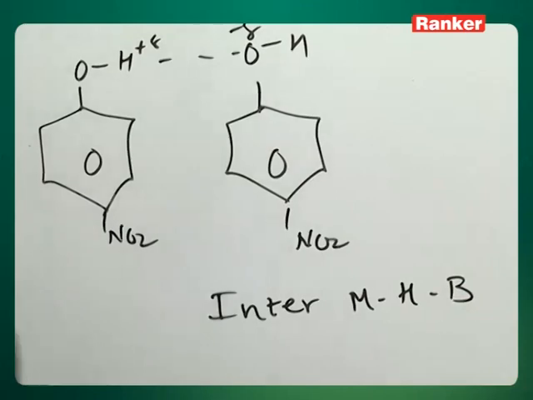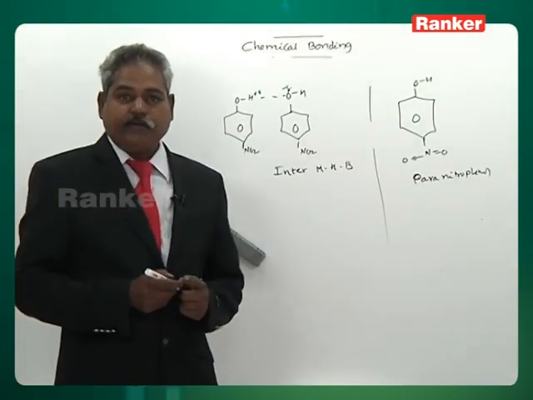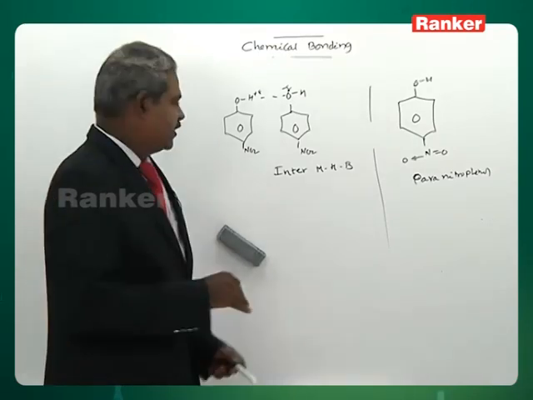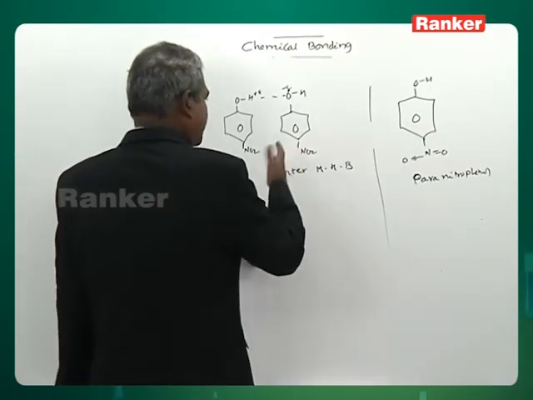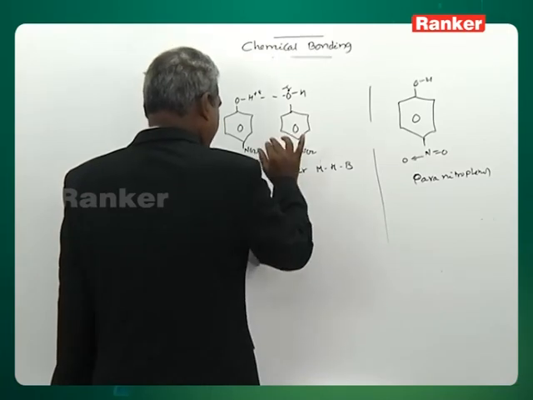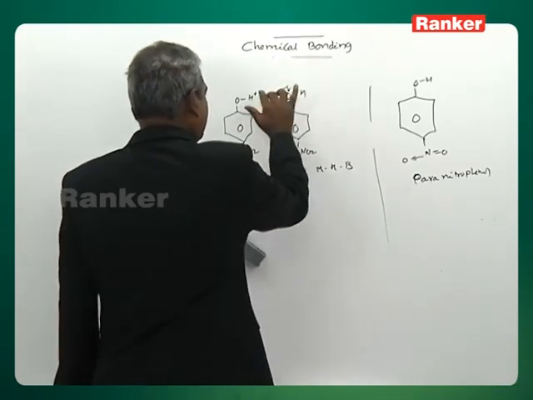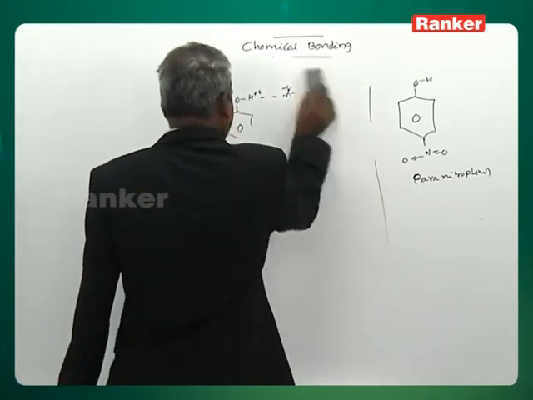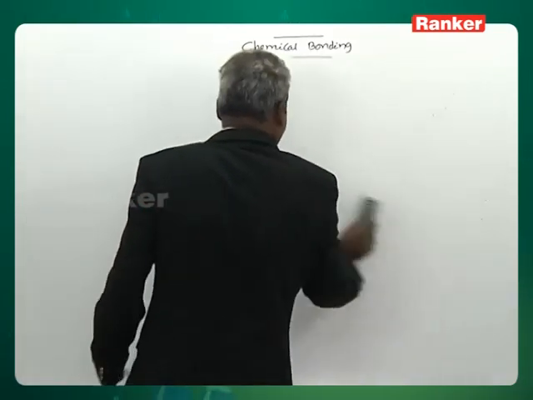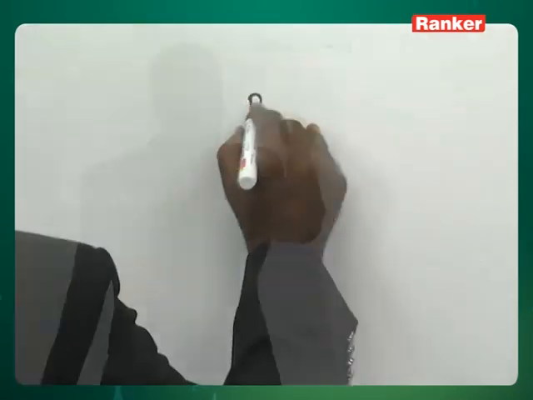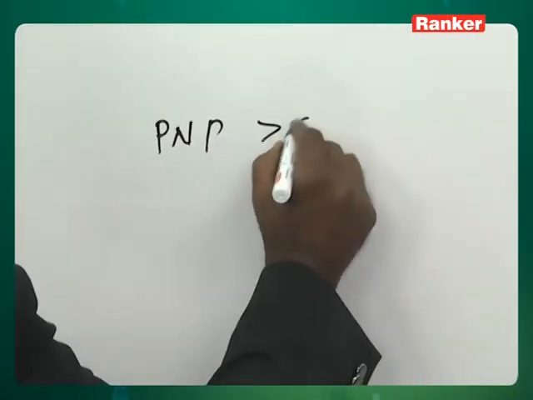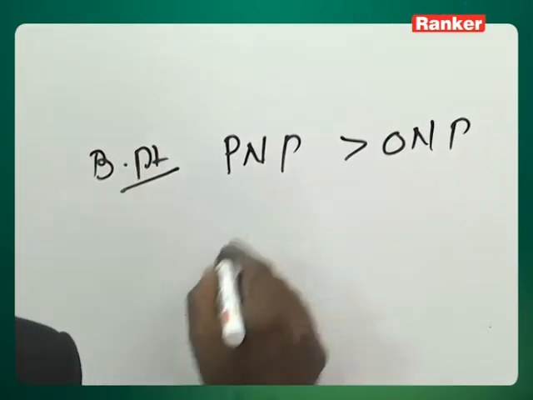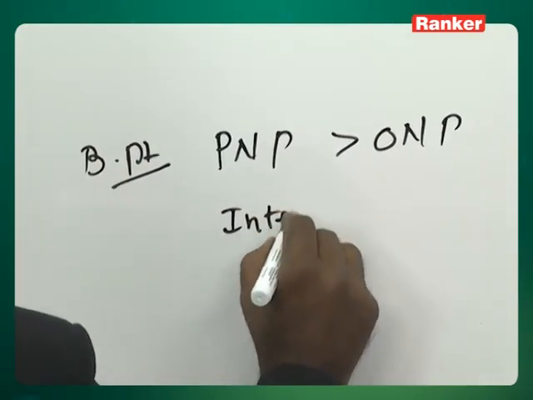Boiling points depend on whatever is there between two molecules, not what is there inside that molecule. So, intra doesn't affect, only intermolecular hydrogen bond affects. Therefore, the boiling point of paranitrophenol is greater than that of orthonitrophenol because of intermolecular hydrogen bond.